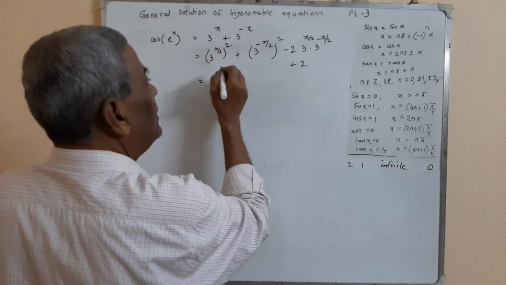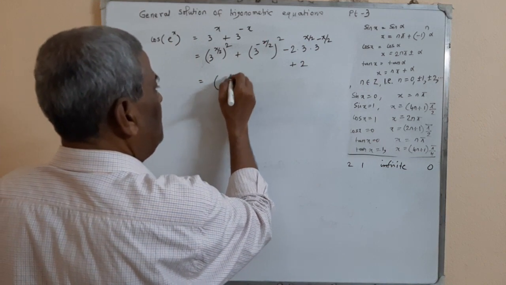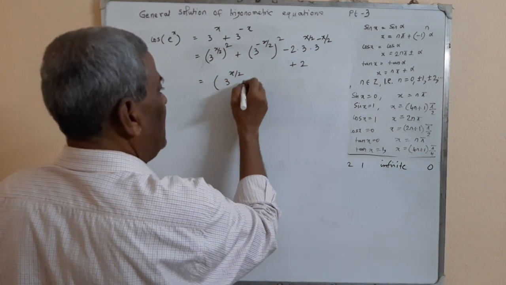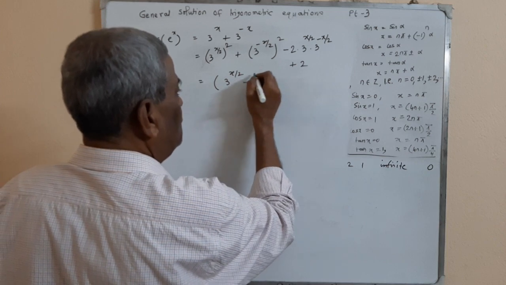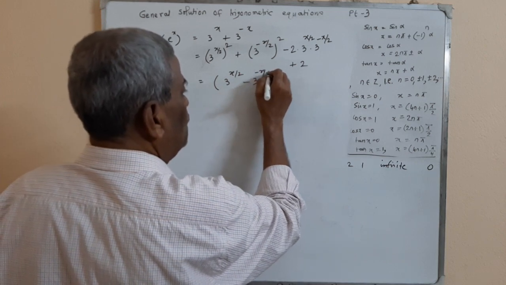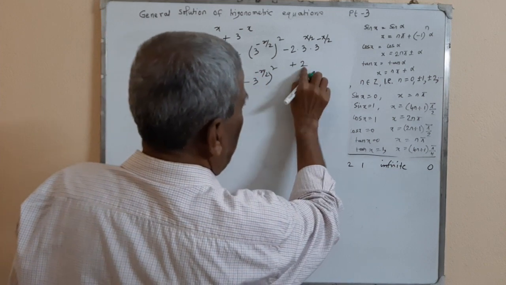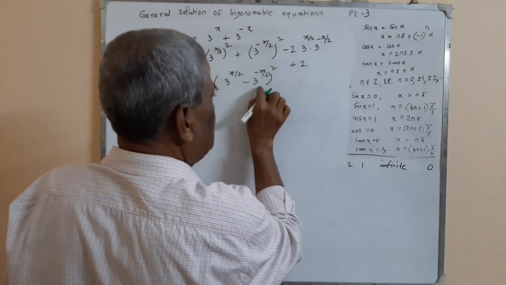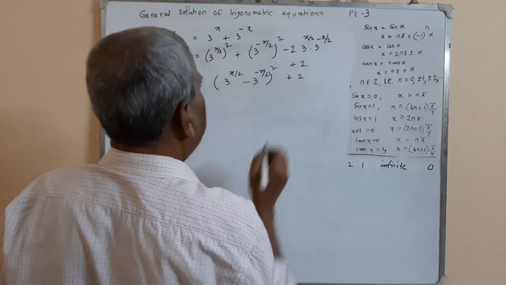This gives (3^(x/2) − 3^(−x/2))² plus 2.